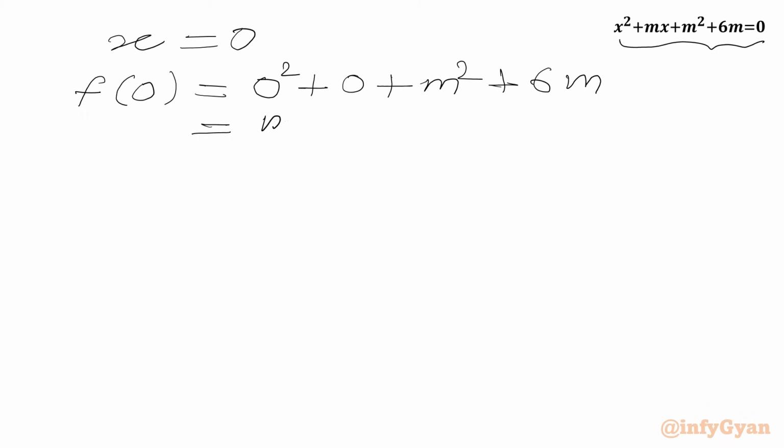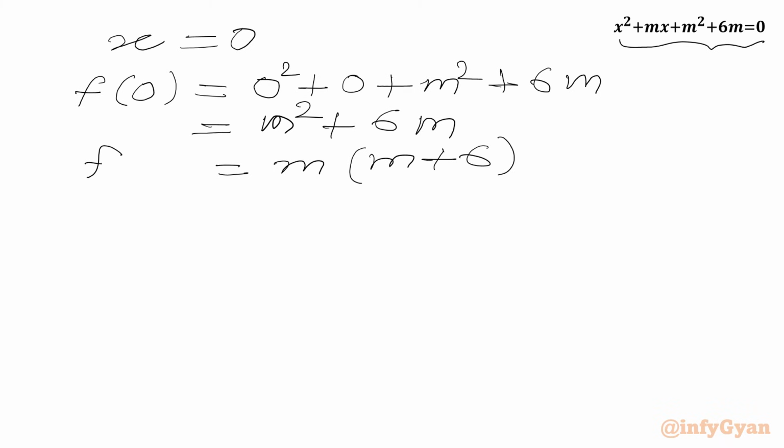So we write m square plus 6m. Now m is common, so we get factors m times m plus 6. f of 0 is m times m plus 6, and f of -2 is m plus 2 whole square.